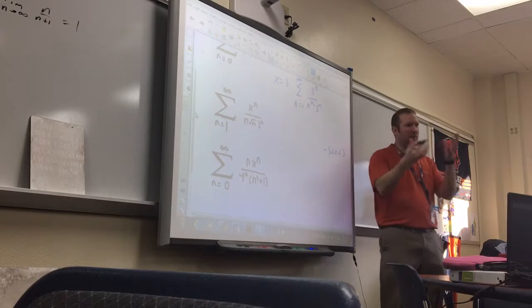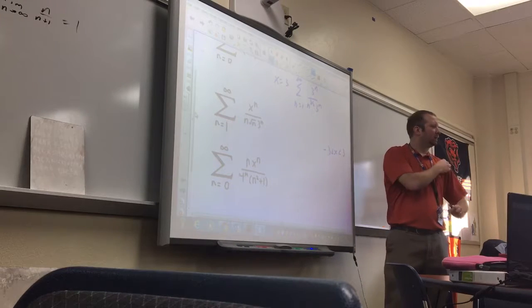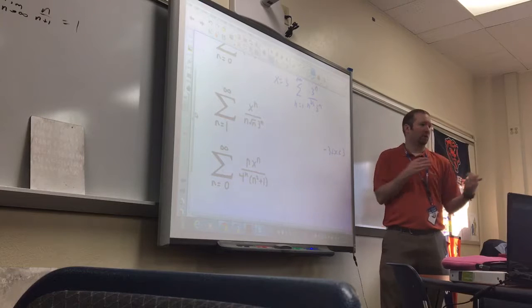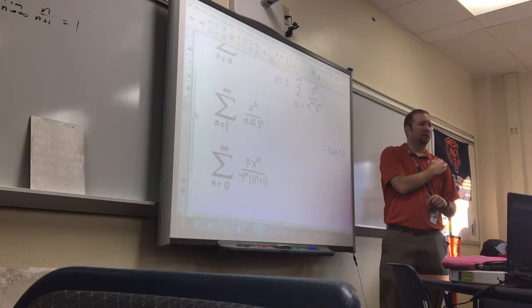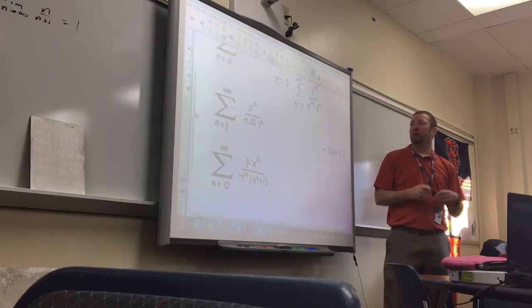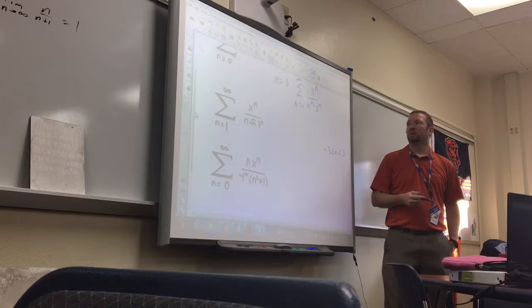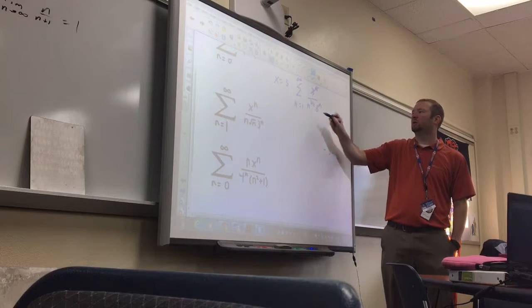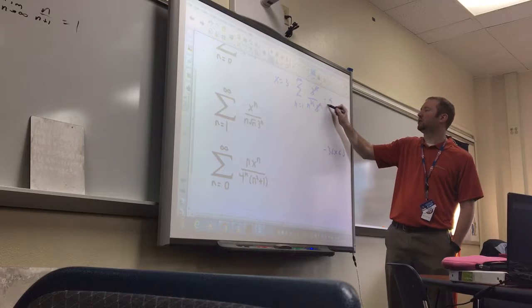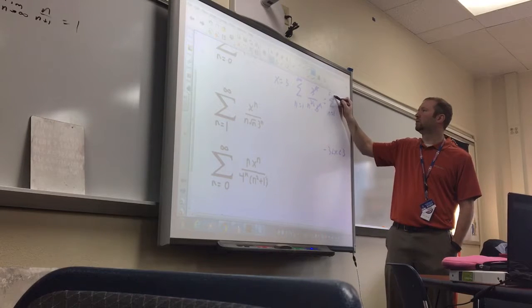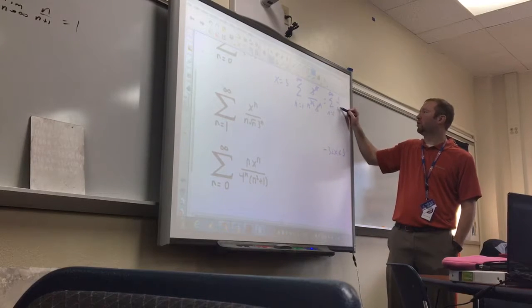All right, again, I'm just rewriting that n root n as n to the 3 halves, which is going to be really important. It's going to be helpful when I see it that way anyway. So what happens? 3 to the n's cancel. So I'm really looking at the series 1 over n to the 3 halves.